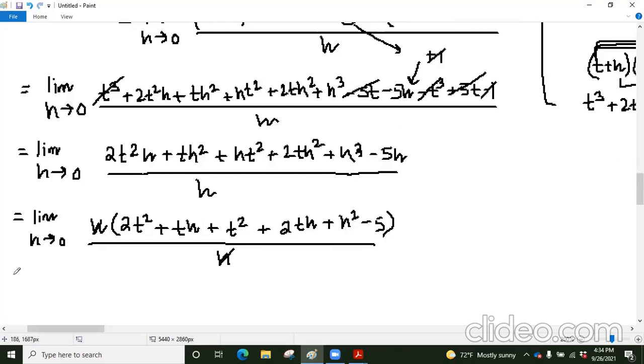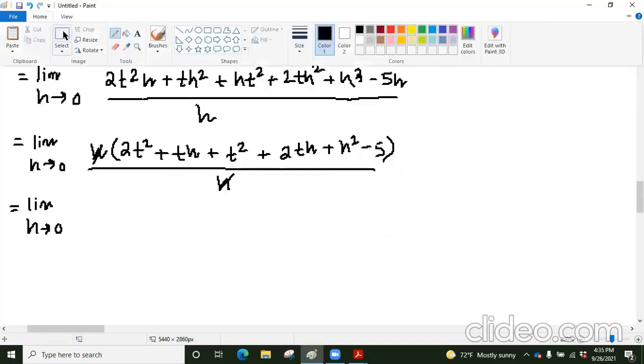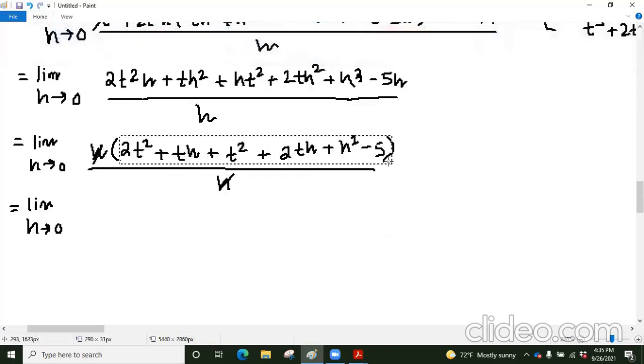And these would cancel out, and then we're left with the limit as h approaches 0. And at this particular point, we can really just substitute because these canceled out. So we're really just left with everything inside.